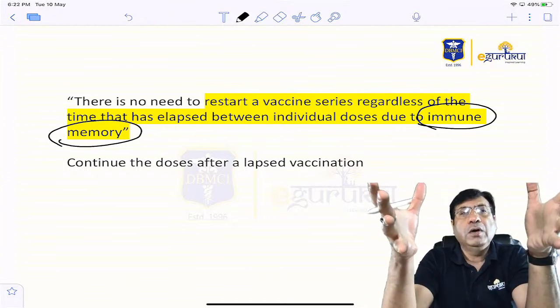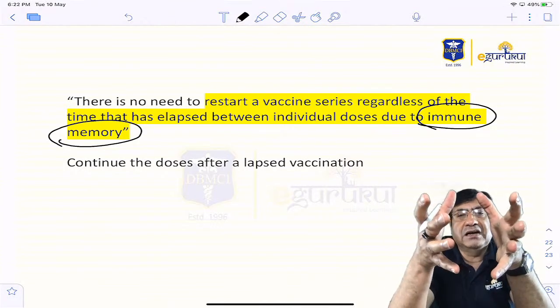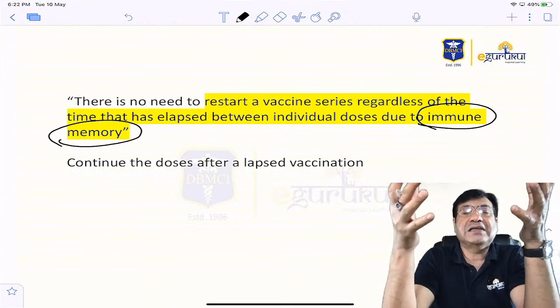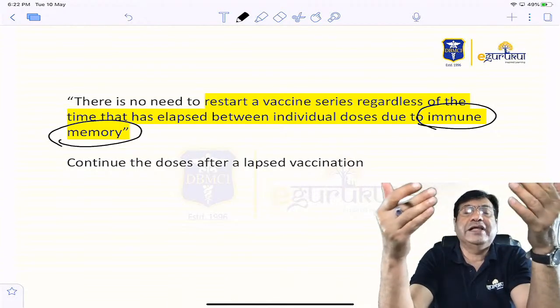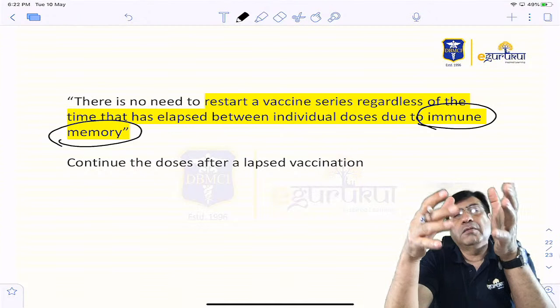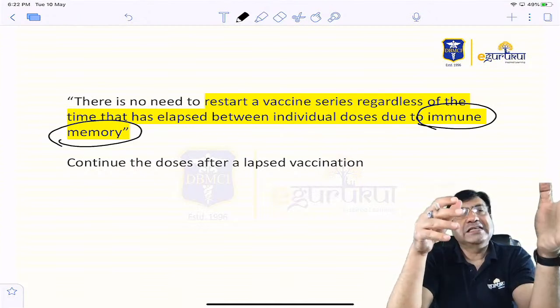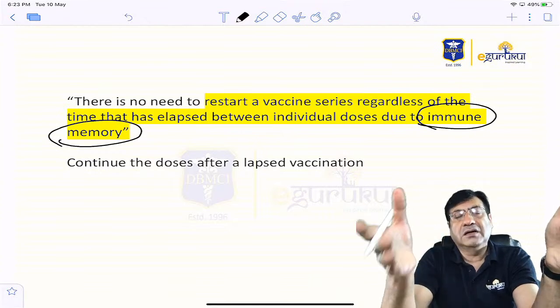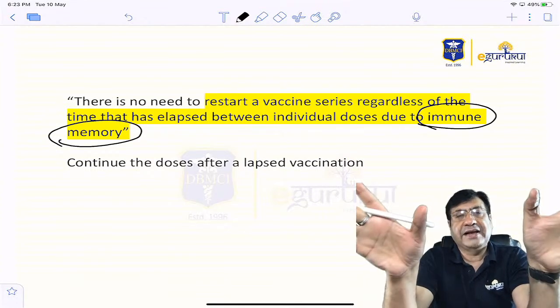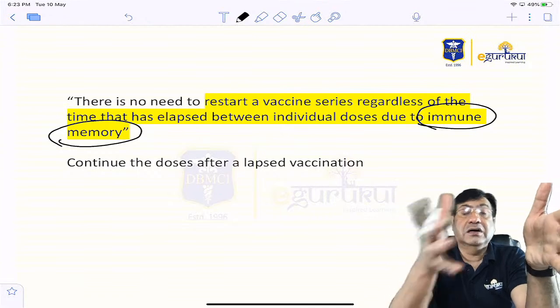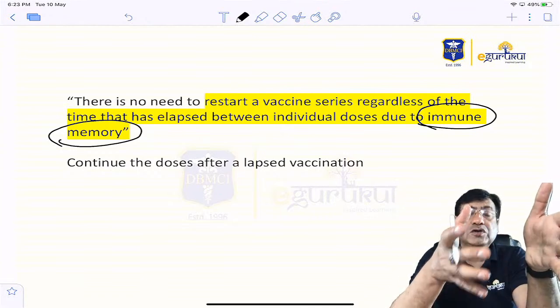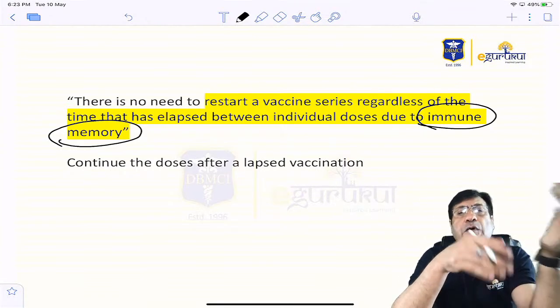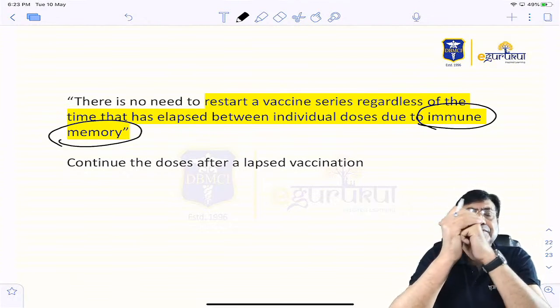Because if you try to bring those doses much nearer than 4 weeks, then they might start interfering with the antibody response from one of the doses. So for example, if you have given a second dose at 10 weeks and you give the third dose at 14 weeks, then it's fine. But if you give the third dose earlier than 14 weeks, the third dose may interfere with the antibody response to the second dose.